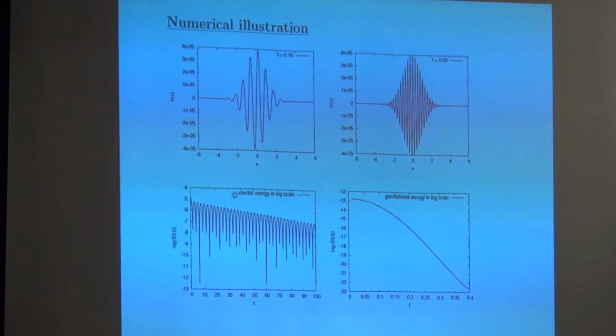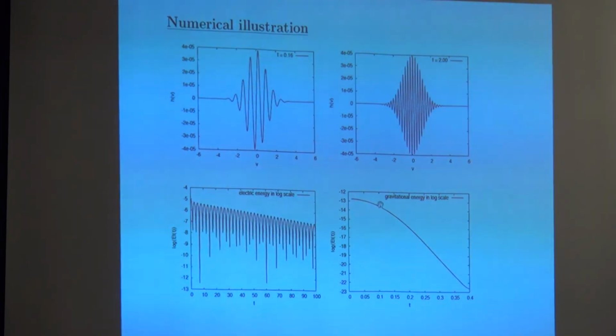Of course, in the electric energy, you don't have the velocity dependence. The velocity dependence appears only in the kinetic energy. Look how it goes. You have these variations over a certain time scale, and there is a global tendency for the electric energy to decrease exponentially.